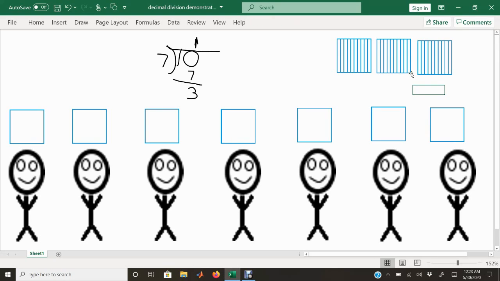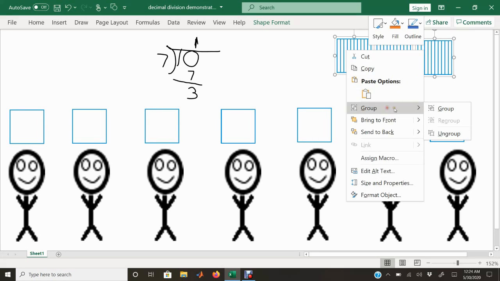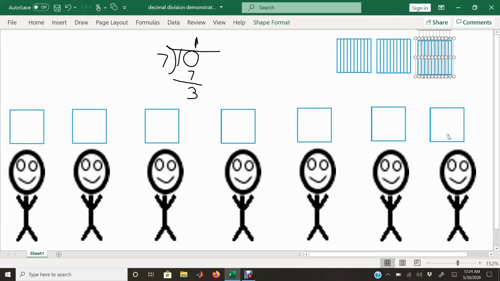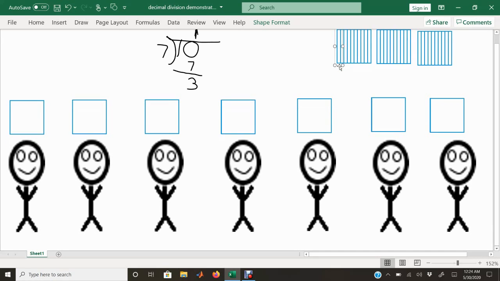So I cut each one of my squares into 10 pieces. And now I can distribute those 10 pieces.